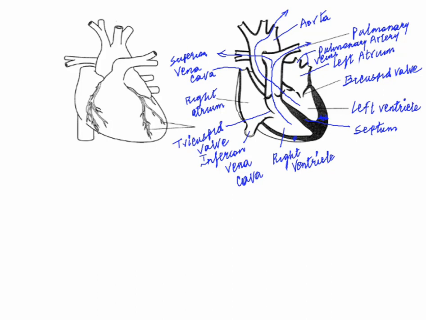One is in the aorta, which is here, and this valve is the aortic, be specific, the aortic semilunar valve. And the one in the pulmonary artery is the pulmonary semilunar valve. That's this one here. Is that clear? So these are the structures that you can clearly identify from this diagram.